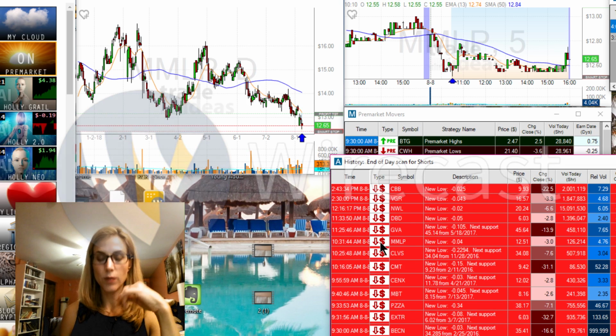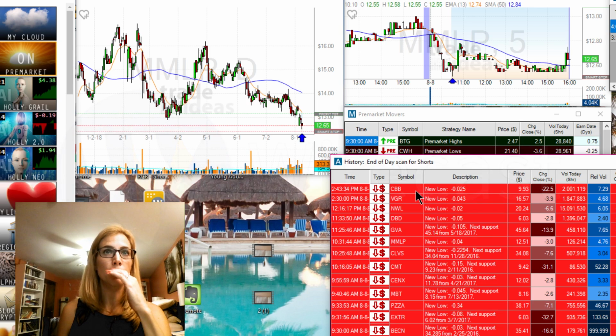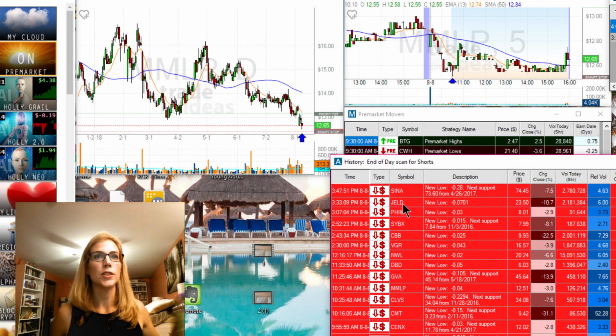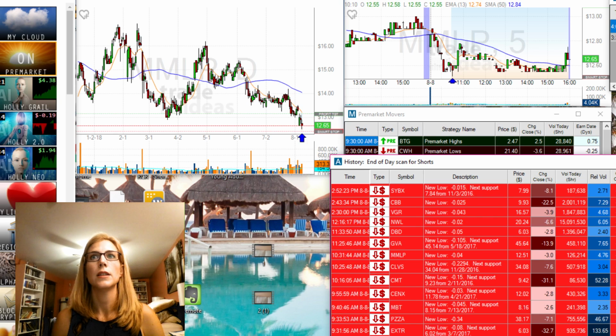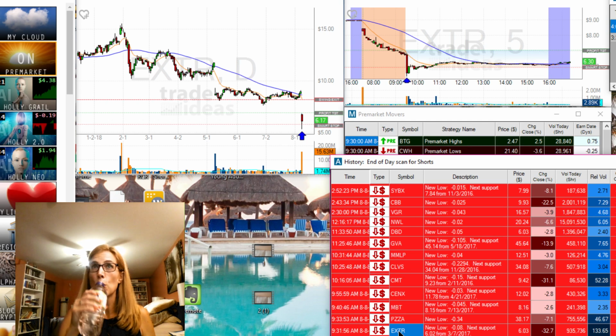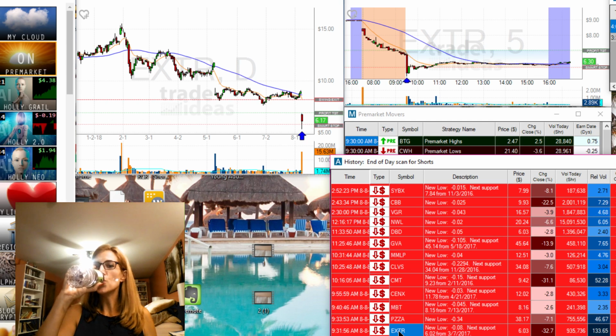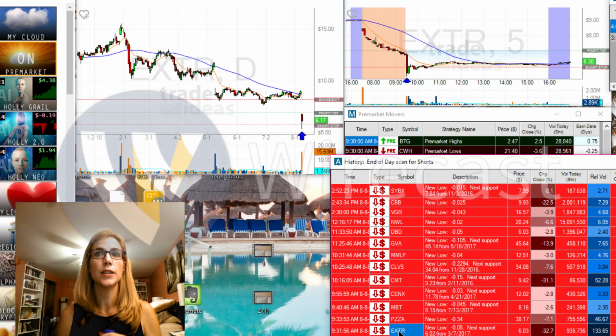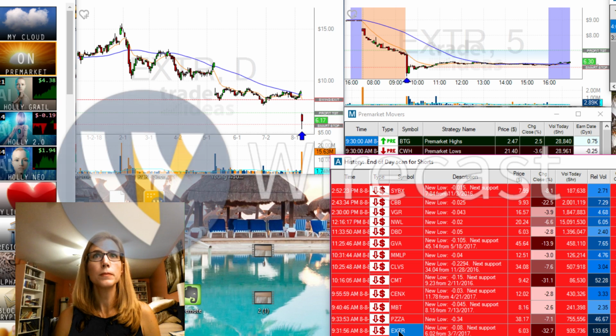Okay, so far for shorts we have JELD. We also have DBD. Let's see here, EXTR. How's that looking? That one dropped down today. I would look for this one to have a second day continuation movement downward.